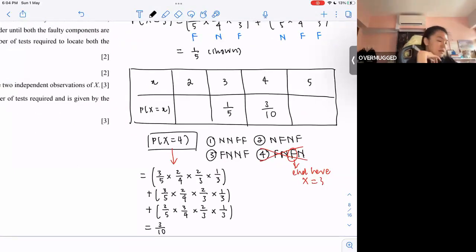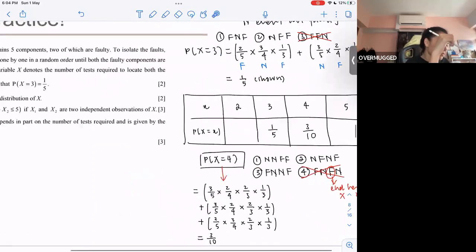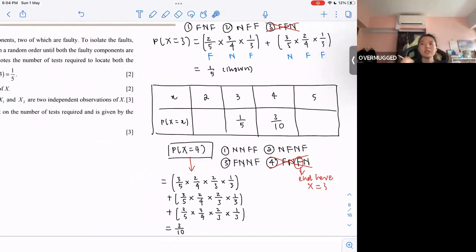Okay. Would you guys be able to find the one for 2 and 5 for me? So y'all can just try. What would the one for 2 be? And what would the one for 5 be? Let's start with the 2. Probability of x equals 2 would be what?